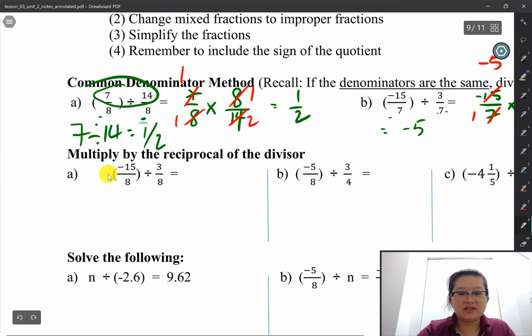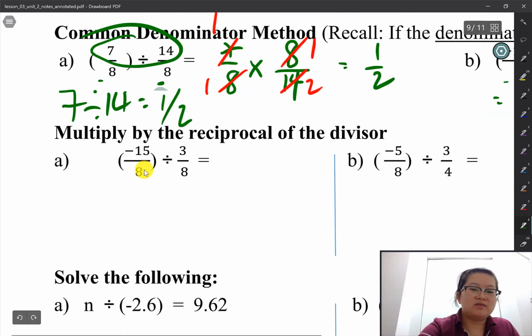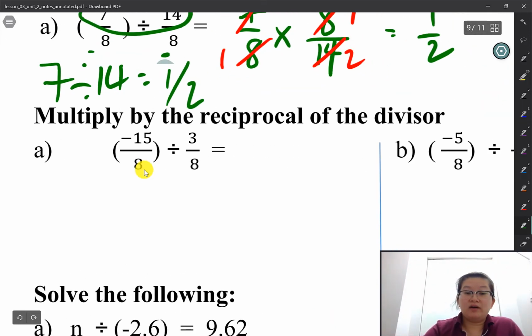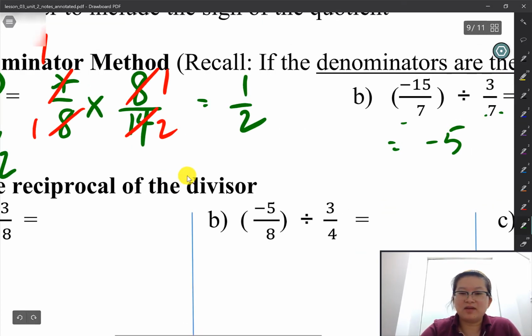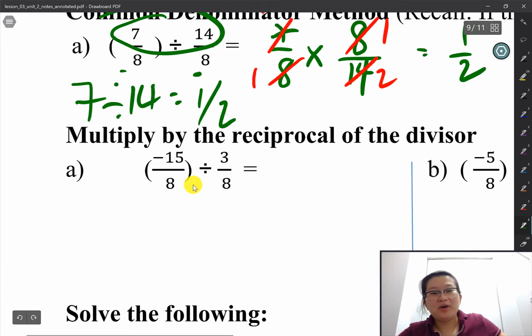So doing some examples here, since I've done A and B in the previous question, maybe it's a good time to pause the video for you to try this problem. Okay, so this one here, you know what? It's exactly the same as the top, except we have a different denominator. Well then, let's just go over it anyways.